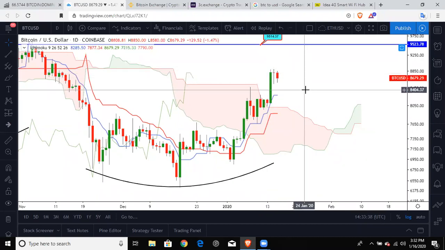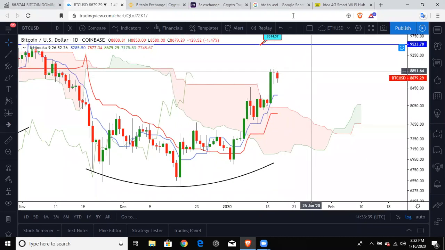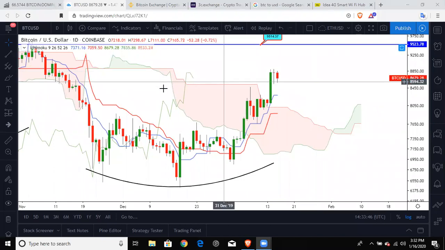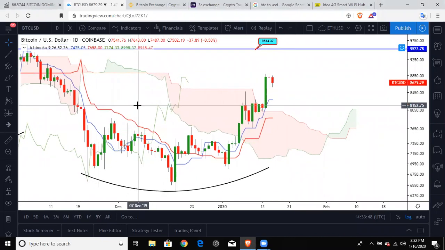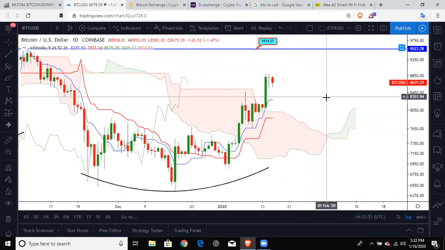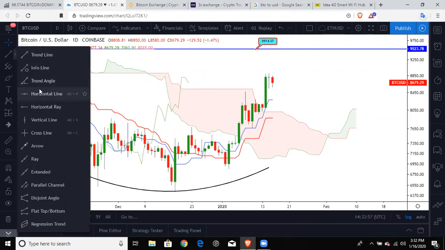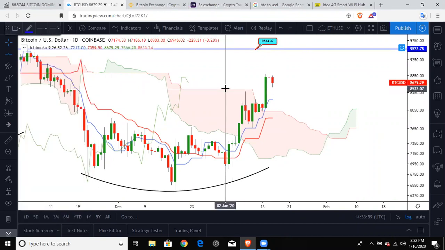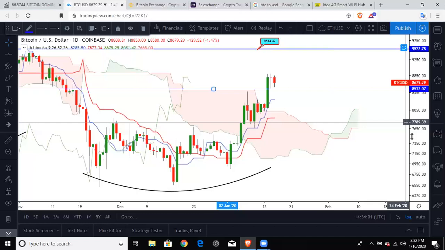So what are the levels you are looking at? What are the close support and resistance we should be focusing on? The first thing I want to look at, I'll be looking at two to three different time frames, and the first one now is the daily time frame. So this flat cloud here is giving us our first support.